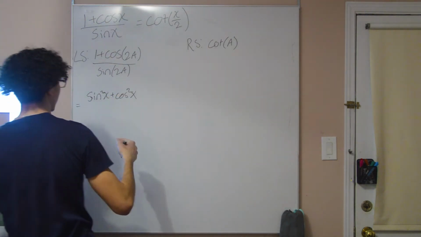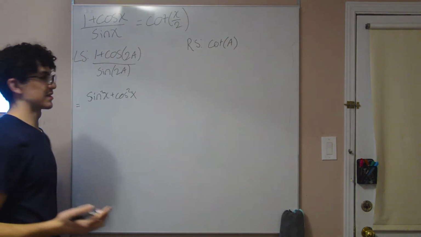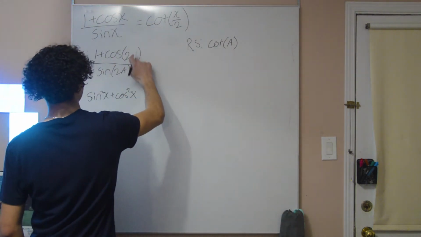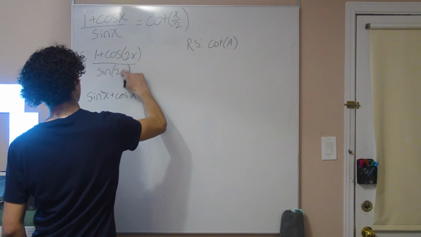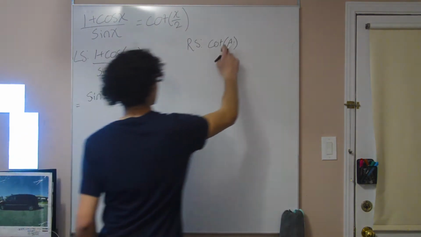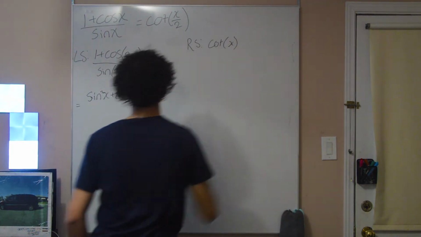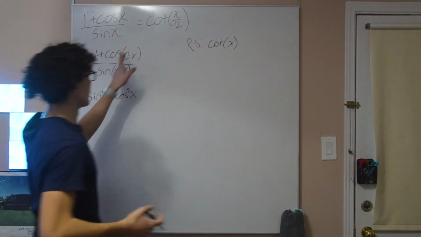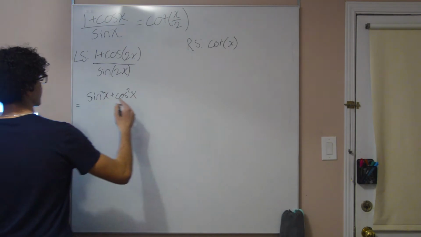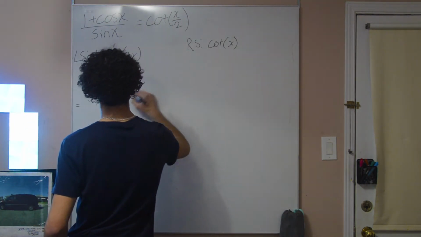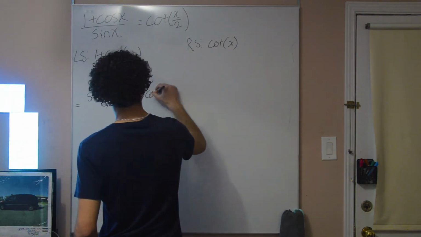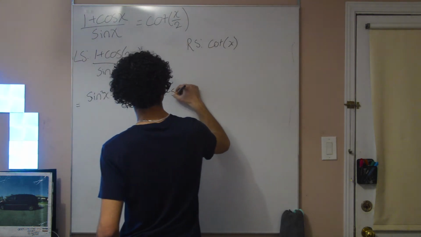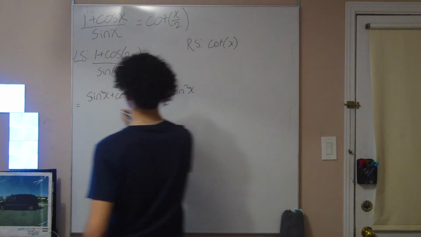And cos 2a, which is essentially just x, really. So actually, I'm just going to change that now. Just like that. The reason I did that is because I multiplied all the x's by 2. Anyways, cos 2x is equal to cos squared x minus sine squared x.